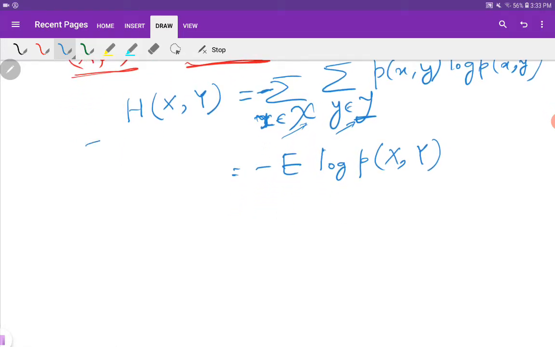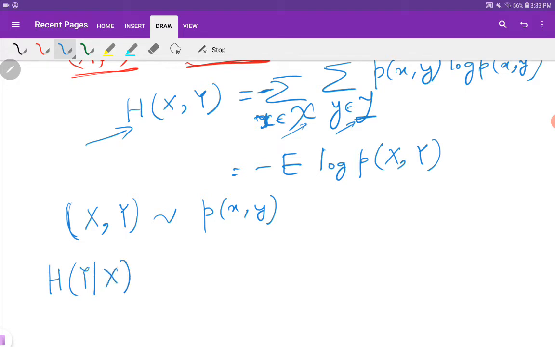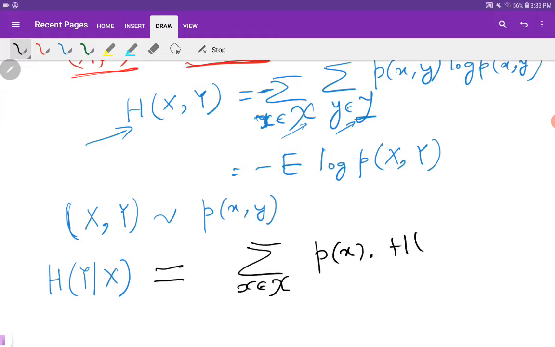Once we have this joint entropy, we can also define something called a conditional entropy. For example, if we have two random variables x comma y coming from some probability distribution p of x comma y, then we define the conditional entropy. By definition, this is equal to the sum of p of x times H of y given X equals x.